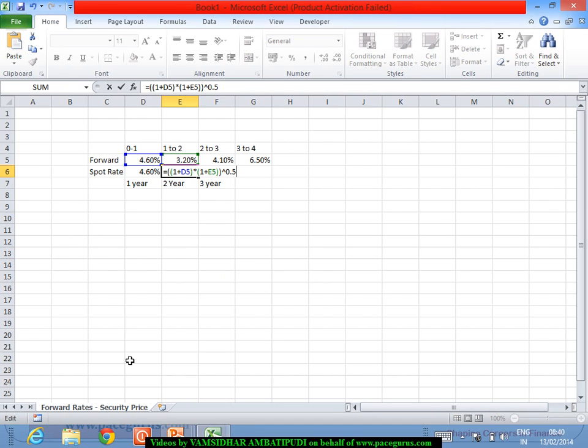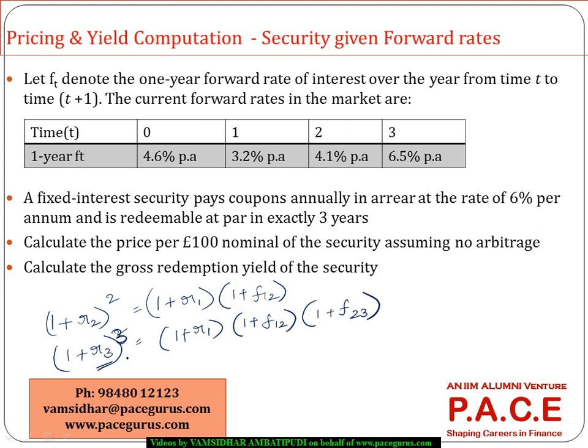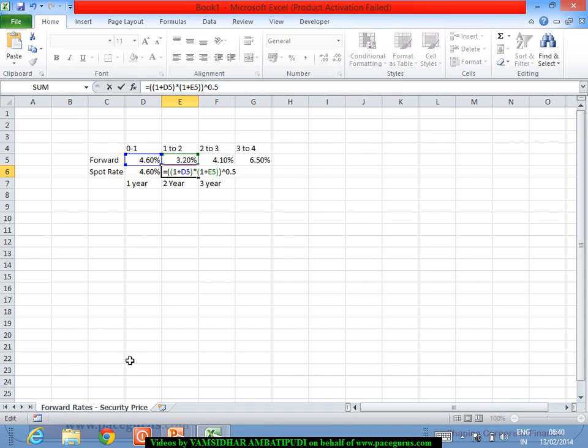So here I multiply those 3 and I take it to the power of 1 by 3. The same way when I am working for 2 years, I take it to the power of 1 by 2, which is 0.5. So this minus 1 will give me my 2-year spot rate.